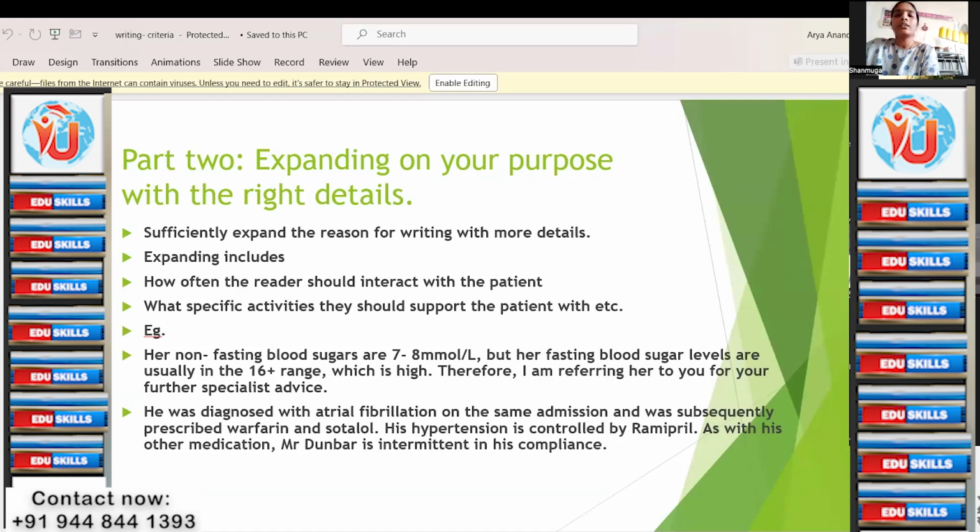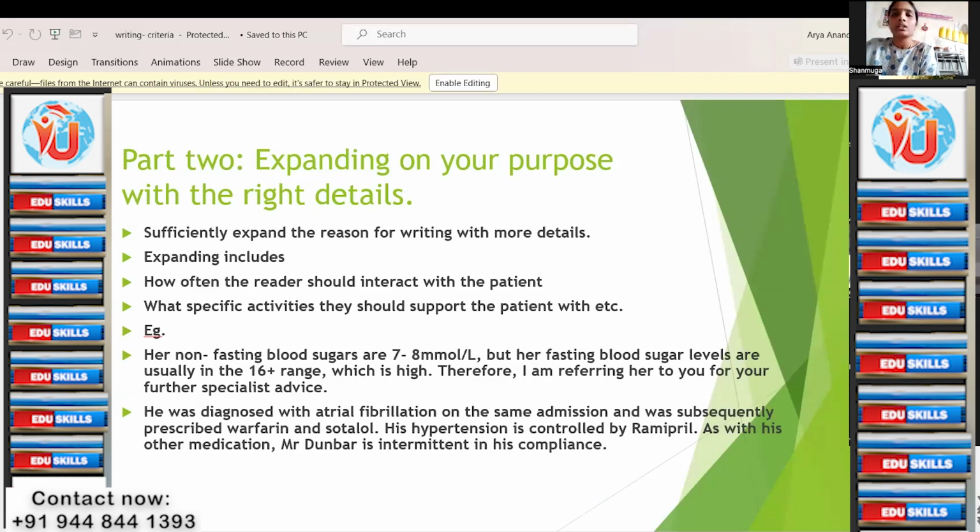Here I have given two examples from our case note. Her non-fasting blood sugar is 7 to 8 mmol/L, but her fasting blood sugar levels are usually in the range of 16 plus, which is high. Therefore, I am referring her for your further specialist advice. We are giving her fasting and non-fasting blood glucose levels and explaining the background of the patient, so that the reader can give better care.